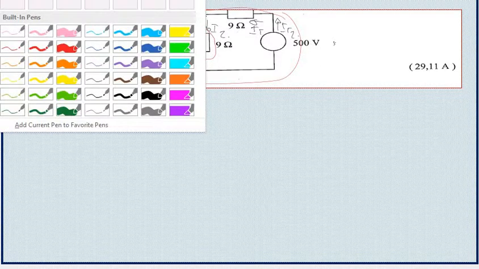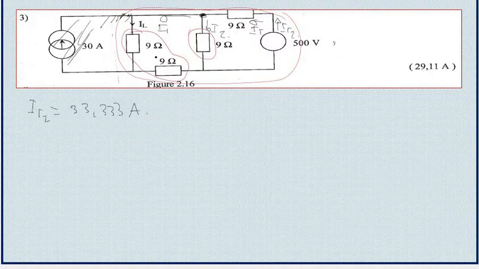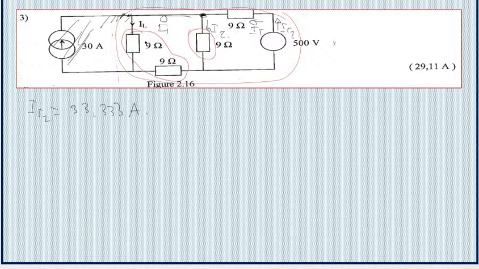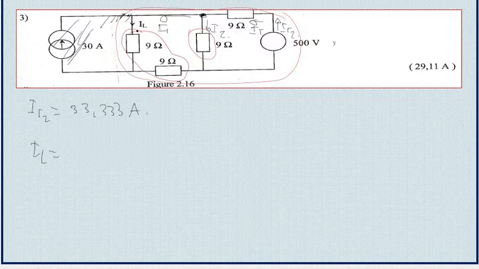Now how to find IL? IL is the line current flowing in this block here. So IL is the derived current of the I total.